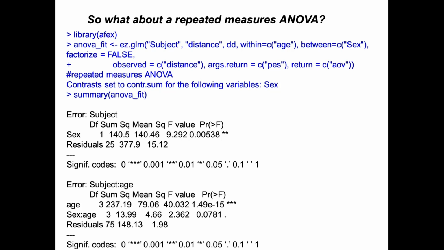And then when you look at the summary, you can see that, again, you have the significant main effect of age, but we have a marginally significant interaction term there, which suggests that with this mixed effects model, we are getting an effect that we might not be seeing when we're using the repeated measures ANOVA, and that's probably due to the assumptions between the two.